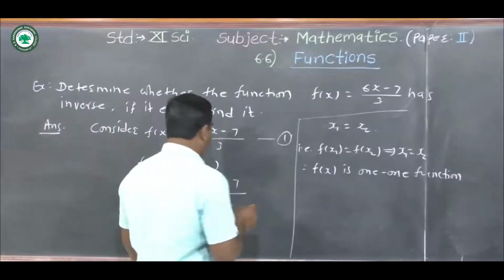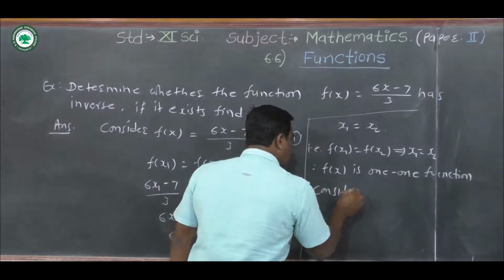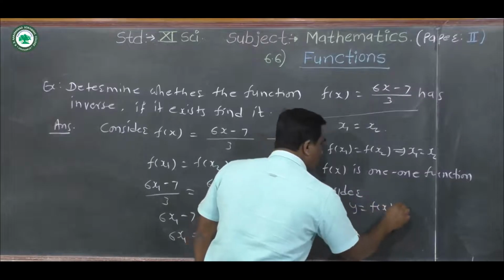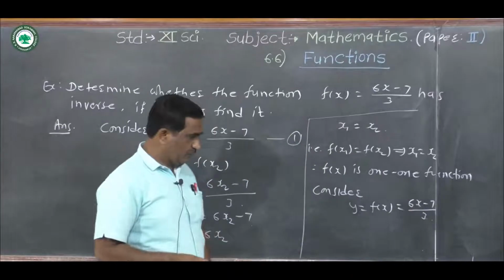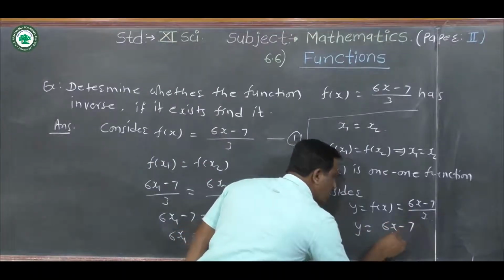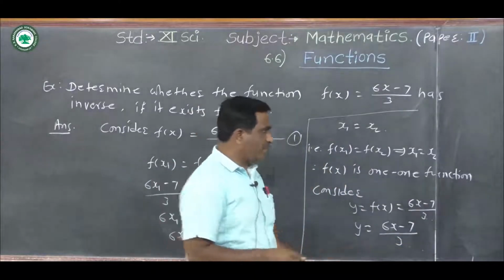Consider f of x equal to y, that is y is equal to f of x is equal to (6x minus 7)/3. That is, we can write again y is equal to (6x minus 7)/3. Now we have to find the value of x here.